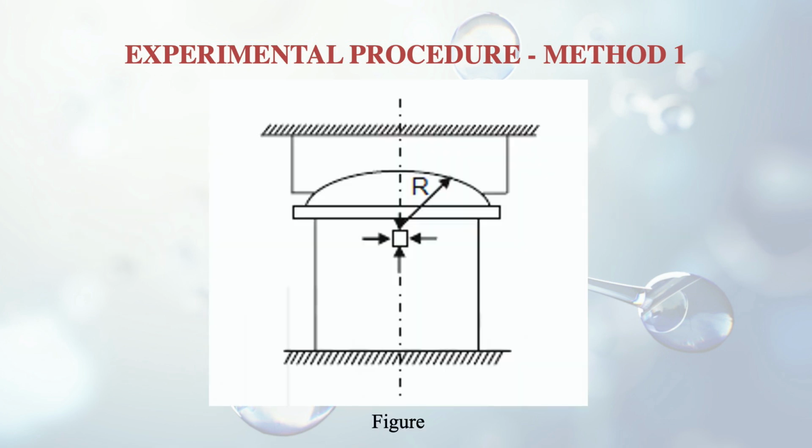You can see here the bottom platen is in contact with the specimen, and at the other side it is connected to the crosshead. This crosshead will be moving, and at the top of this specimen, the spherical surface is there. So the top platen will come in contact with this spherical surface.